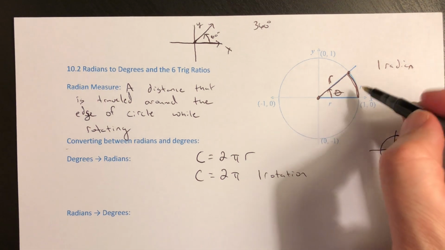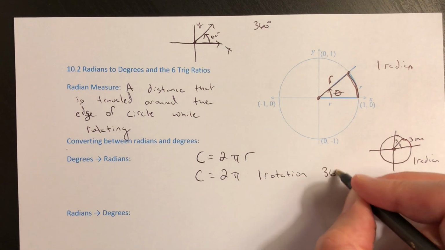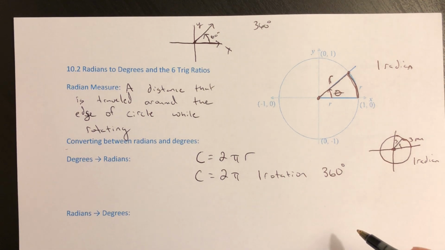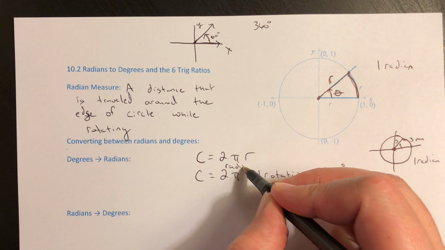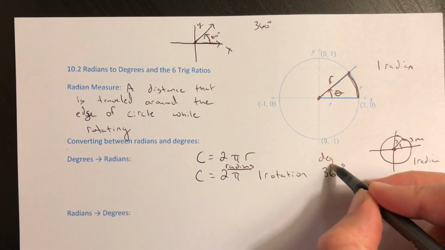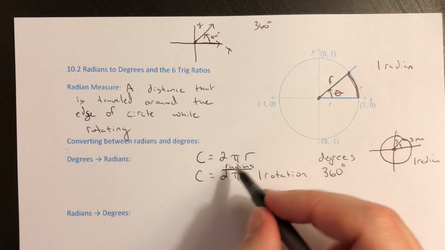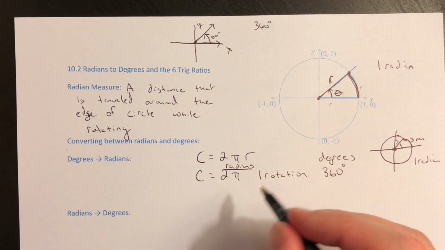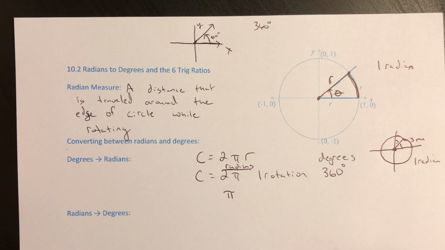Well, how many degrees is that? Well, that's 360 degrees. So 1 rotation in radians is 2 pi. 1 rotation in degrees is 360. To make our conversions easier, instead of dealing with 2 pi, what's easier is dealing with 1 pi, because it makes our conversion a lot easier.